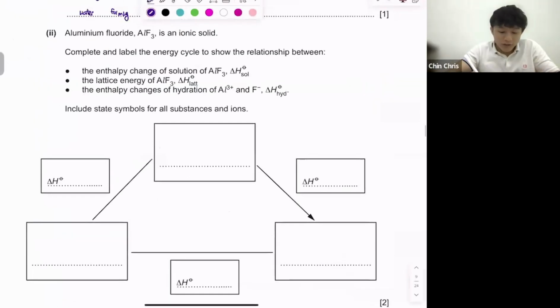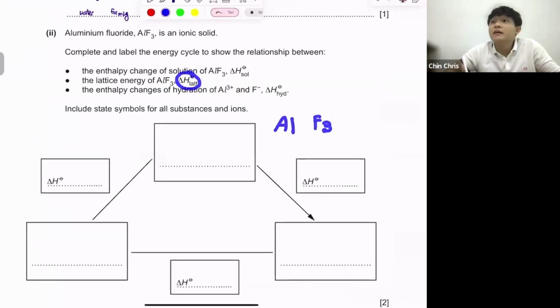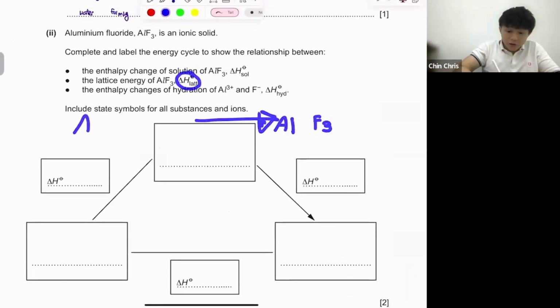Hopefully, we're going to start from the easiest one. Guys, you should remember what is lattice. For example, if you want to get AlF3, right? Guys, lattice is from what? Gaseous ion, right? So it's Al3+ gas, 3F- gas, right?